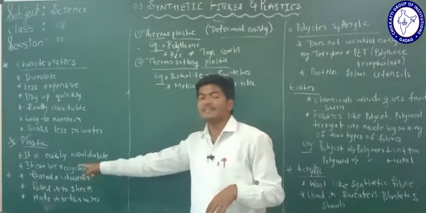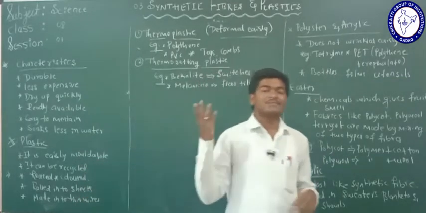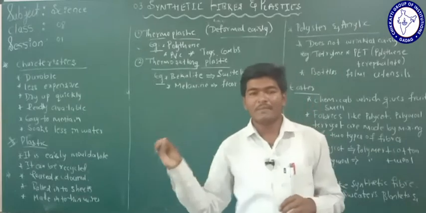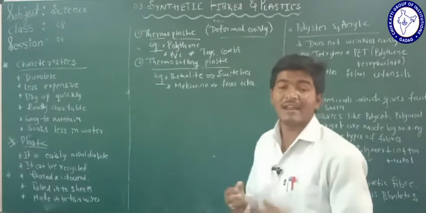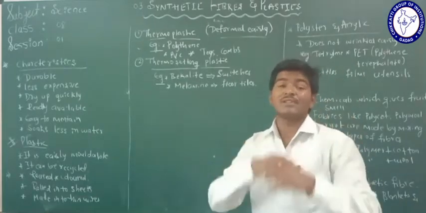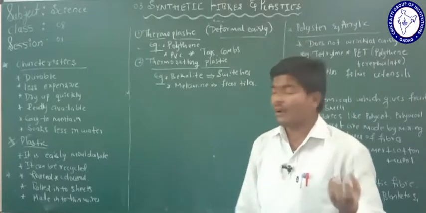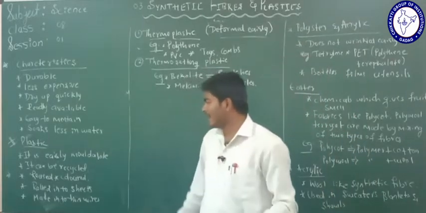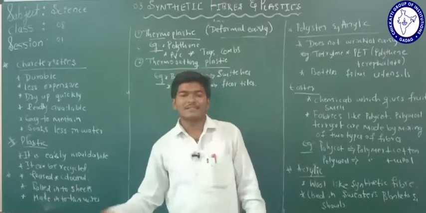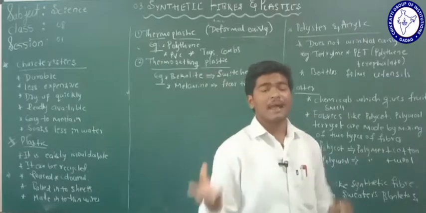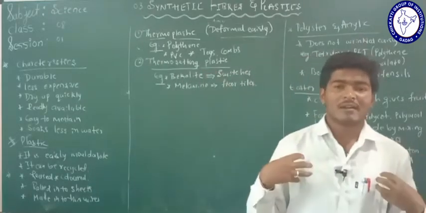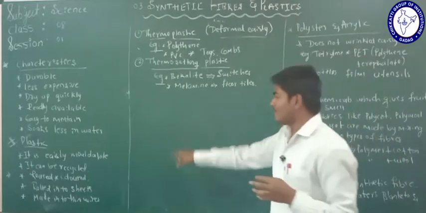And also it can be reused. So another property of plastic is that we can reuse the material once we have used it. Have you understood? Another one is that it can be colored. We can give any color to plastic that we want. So that's why we use plastic more.